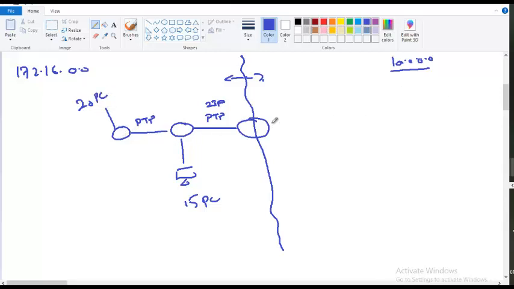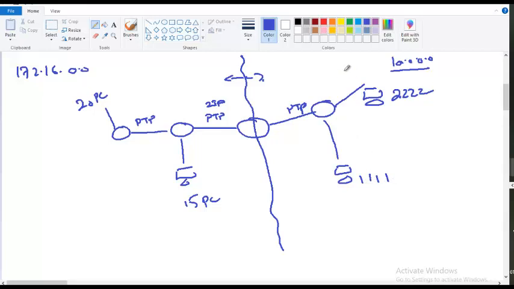So likewise, on this side, you got a router with the PCs of 222, and you got PCs of 1111. Okay, this many IP addresses we need. I'll call these router 1, 2, 3, 4.